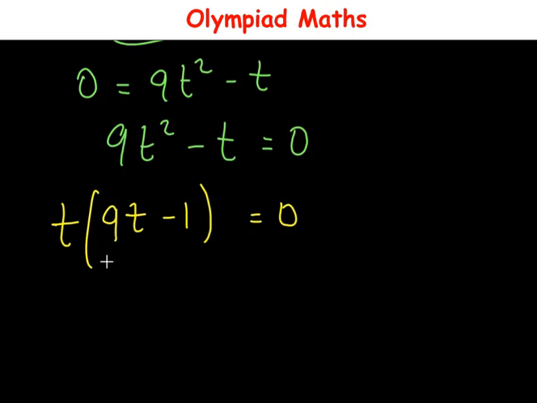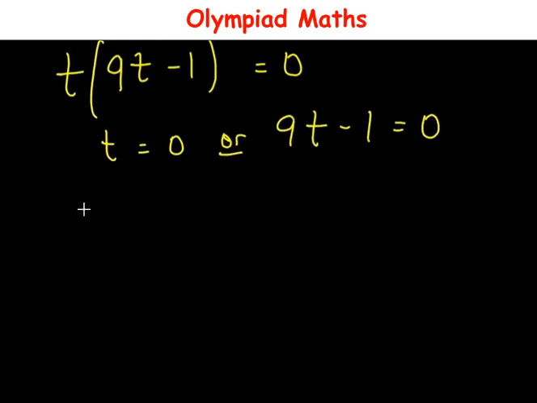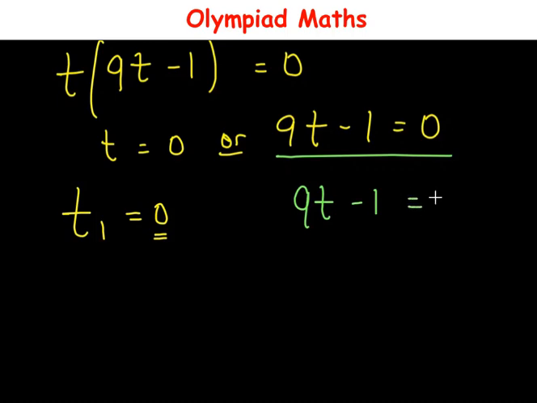Now at this junction, we can equate t is equal to 0, or 9t minus 1 is equal to 0. From here, we have gotten the first value of t. t1 is equal to 0. Okay, let us then get the other value of t from this other linear equation. So we have 9t minus 1 is equal to 0.